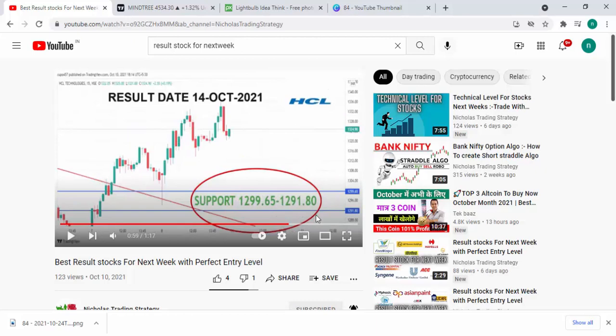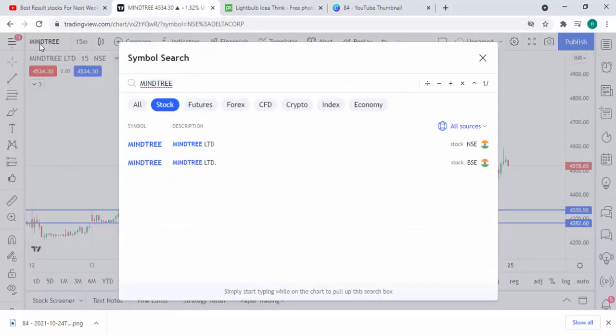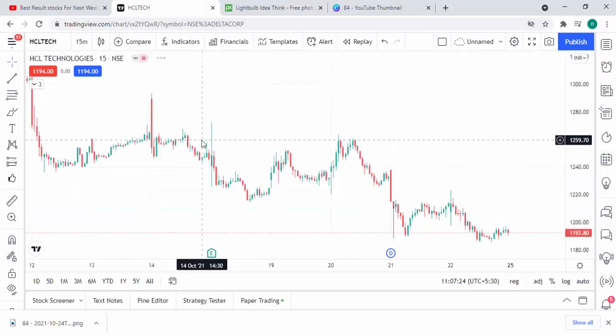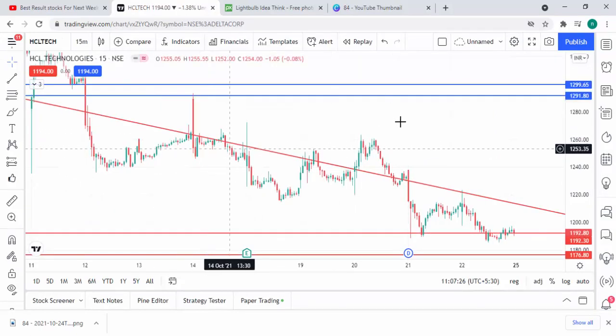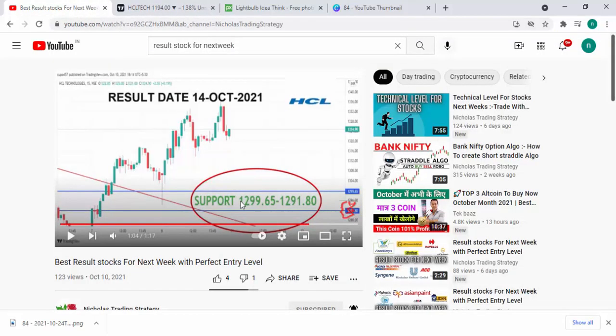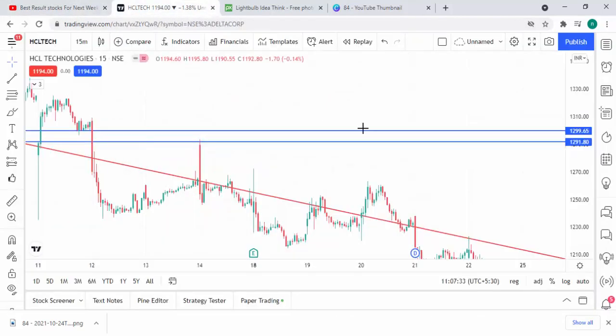The last one is HCL. These are the levels I gave for HCL. You can see this is the level 1299.